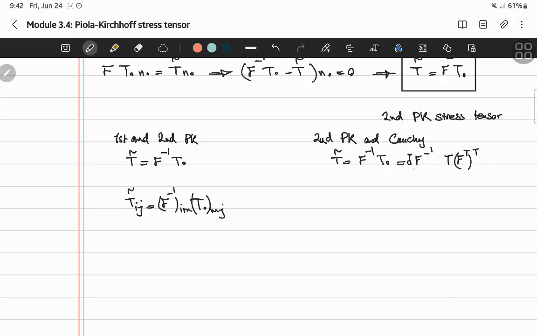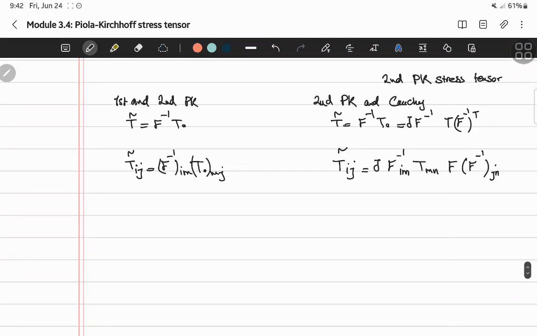So it is equal to this equation here. So T tilde ij is equal to the Jacobian, then we have F inverse im T mn, then we have F inverse transpose nj. And since this is transpose, I can write this as F inverse jn.